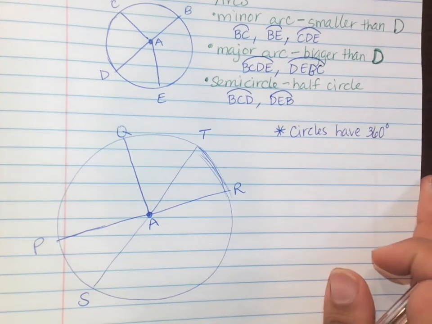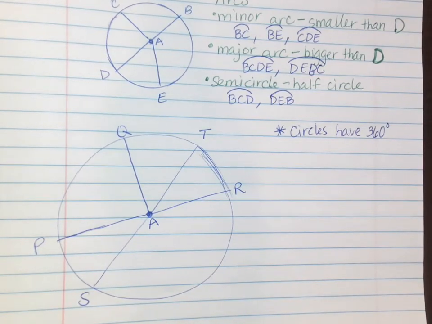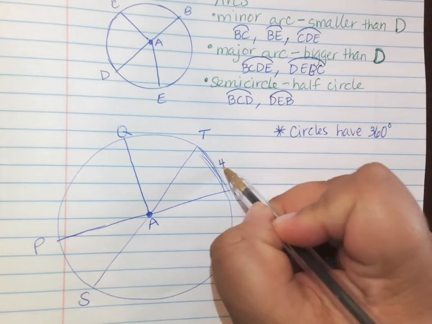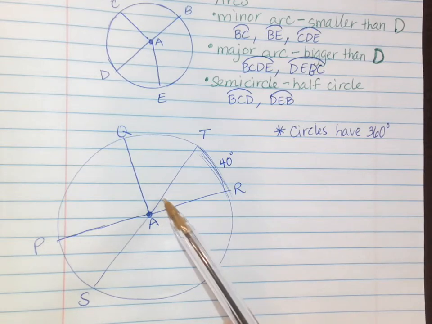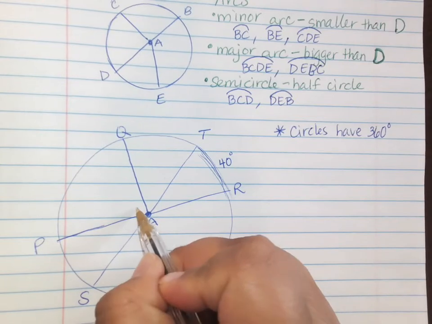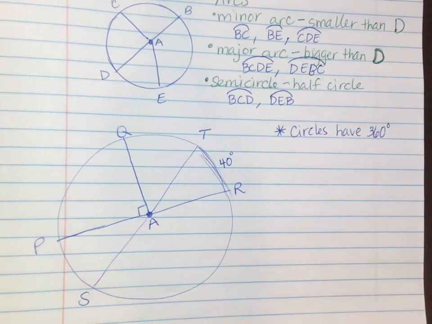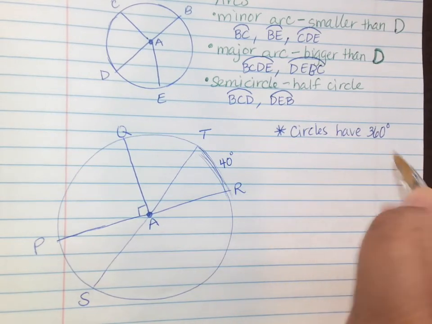So that'll help us do this example here. But in this example, let's say this is 40 degrees. And usually that degrees goes with this space. So this part's 40 degrees. Let's say we have a right angle here.